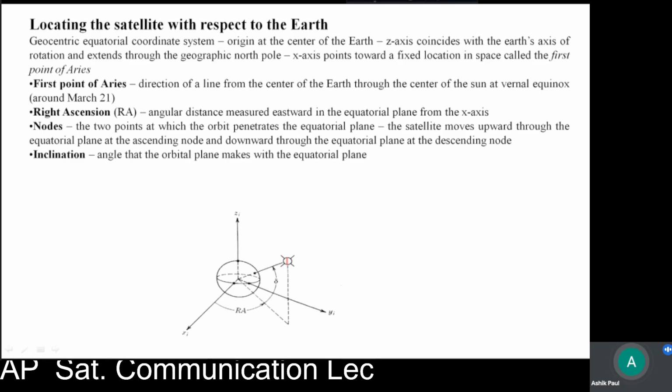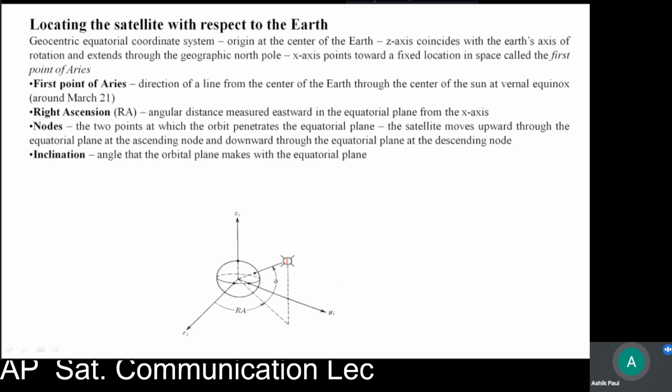Contrary to a geostationary or geosynchronous satellite, if these objects in the sky whose coordinates you want to determine are moving, then they will penetrate the equatorial plane at two points: once while moving up through the equatorial plane, reaching a certain high angle, and then once again moving down to the other side.